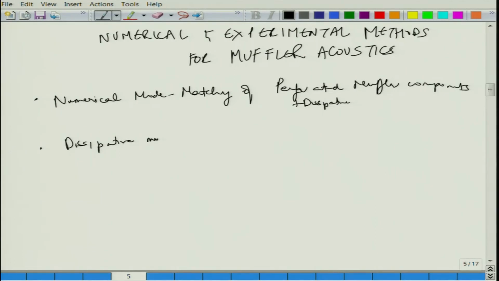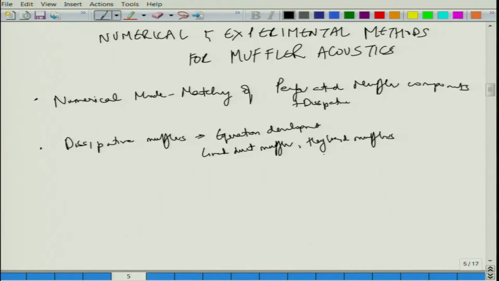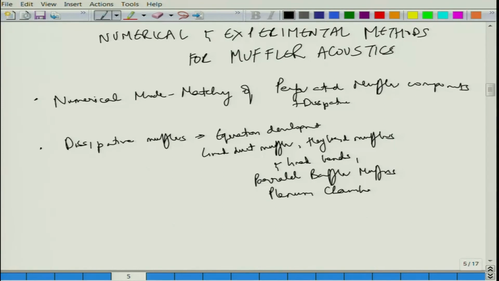the parallel baffle muffler. Some of the topics that you can find on the website we could not quite cover, such as equation development for the lined duct muffler, hybrid mufflers, lined bends, parallel baffle mufflers, plenum chambers, lined plenum chambers, and so on.